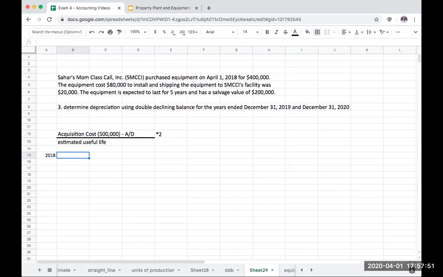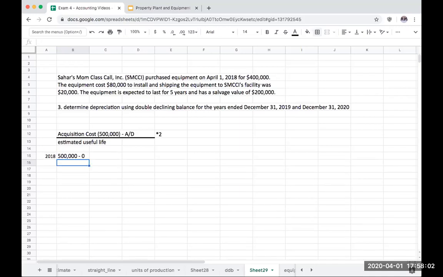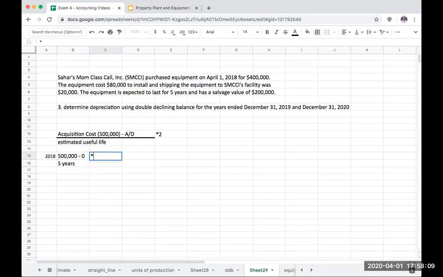So here, this is going to be 500,000 minus 0, because when I initially acquire the asset, it has 0 accumulated depreciation. I'm dividing this by my estimated useful life of 5 years, and I am then multiplying this result by 2.